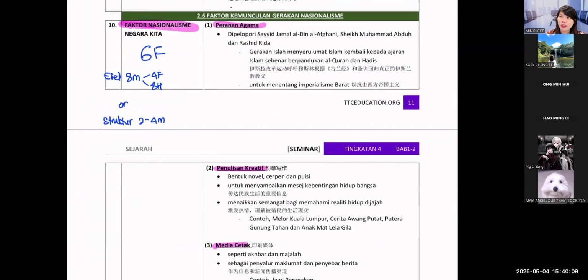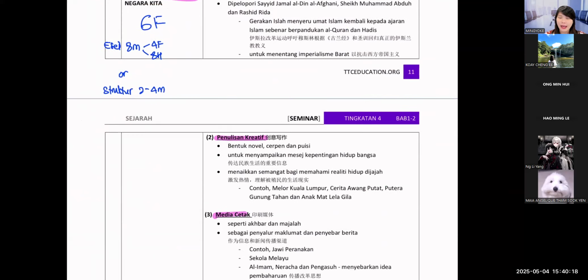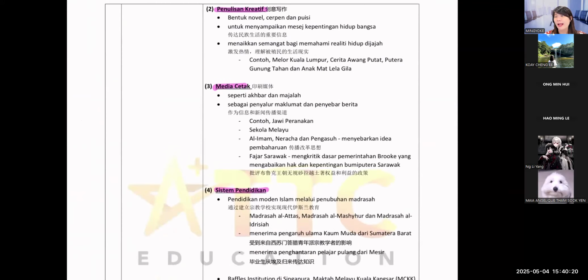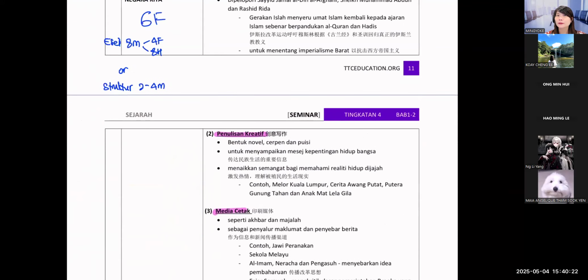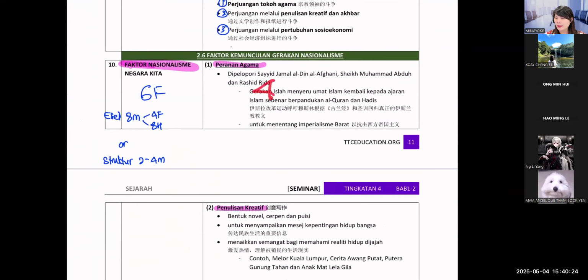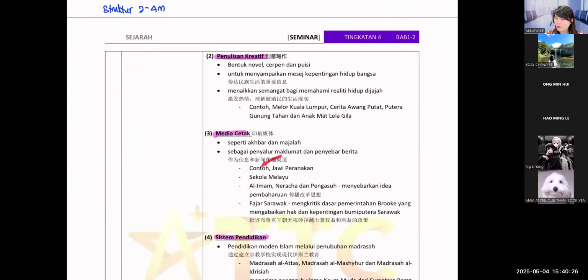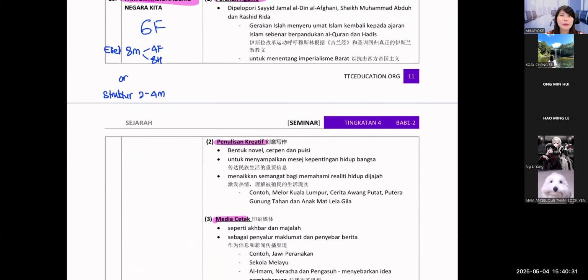How do they come out in structure? It's very simple. They will ask you, the factors of nationalism in our country, explain the role of religion and print media, 8 marks. Then that means 4 marks for the role of religion, 4 marks for print media, for example. Or maybe just 2 marks.